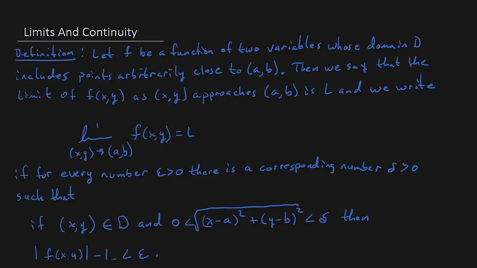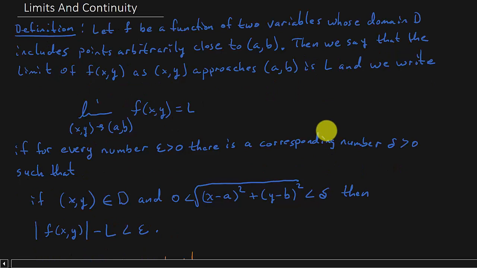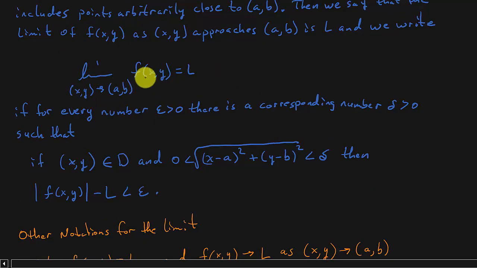Then we say that the limit of f(x, y) as (x, y) approaches (a, b) is L, and this is how we would write the limit: the limit of f(x, y) as (x, y) approaches (a, b) is equal to L if for every number epsilon greater than 0 there is a corresponding number delta greater than 0, such that if (x, y) is in the domain and the square root of (x minus a) squared plus (y minus b) squared is between 0 and delta, then the absolute value of f(x, y) minus L is less than epsilon.